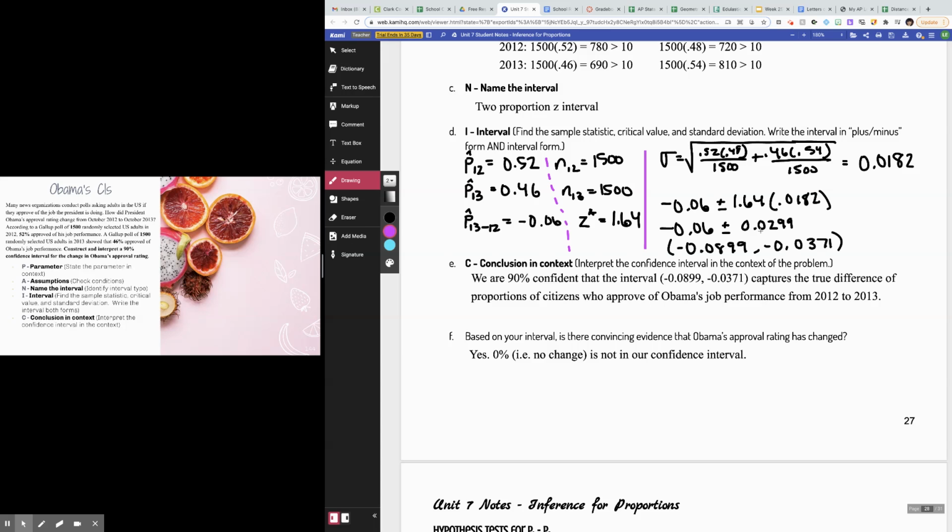Okay. All right. So then for my interval, remember that I have my proportion, right? That's my statistic, my critical value, 1.64, and then my standard deviation goes right here. Okay, and then I'm just doing some simple algebra in order to simplify. So this right here is your plus minus form, and then this right here is interval form.